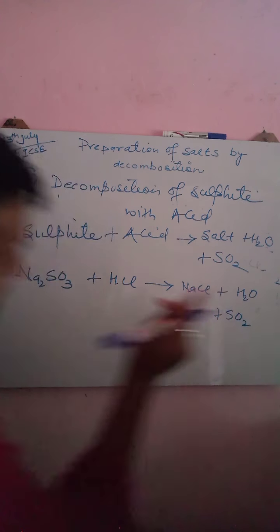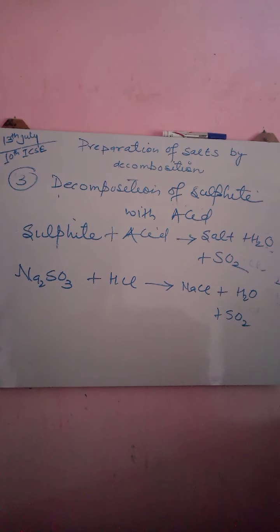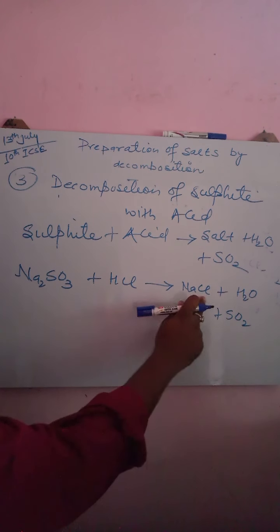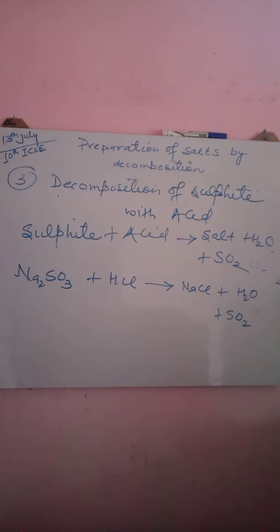Earlier in case of carbonate, H2CO3 was forming and that decomposed to form H2O plus CO2. In case of sulphite, when acid attacks, it forms salt plus H2SO3, which dissociates to form H2O plus sulfur dioxide gas. So sodium sulphite plus HCl gives sodium chloride plus water plus SO2.